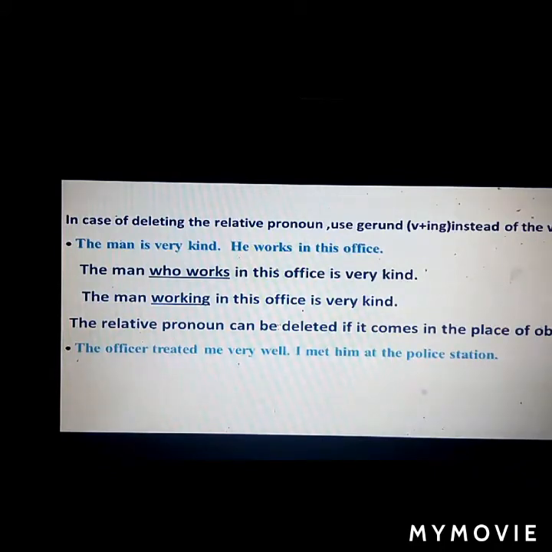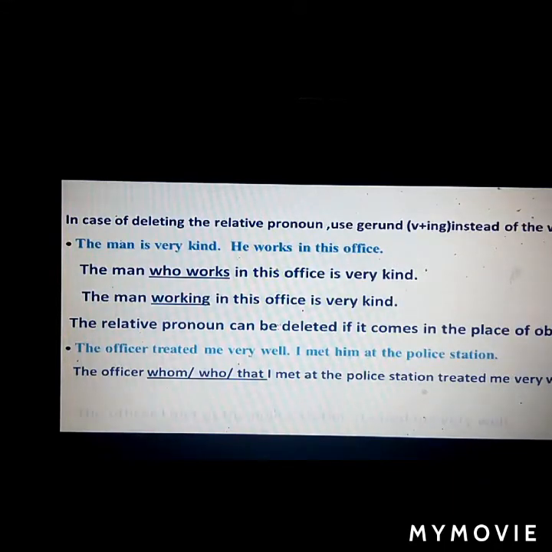The officer whom or who or that I met at the police station treated me very well. The officer I met أشيل بقى relative pronoun. The officer I met at the police station treated me very well.